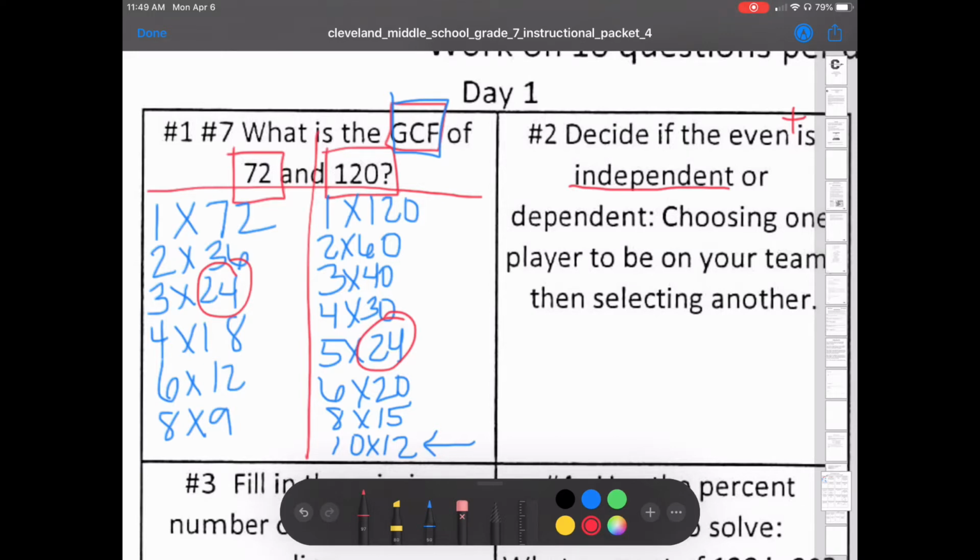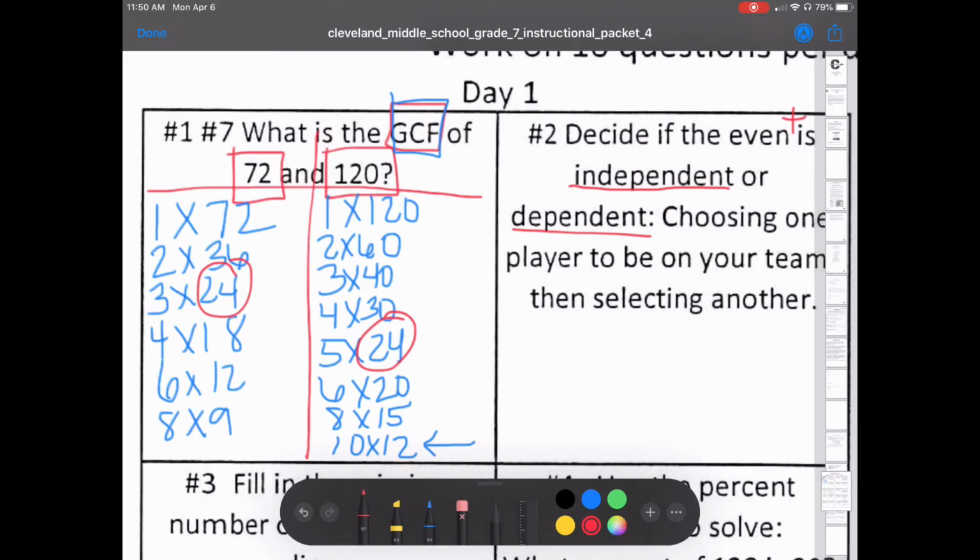The other option is dependent. So let's think about taking a card from a deck of cards. I don't know who has a deck of coins, but that's pretty cool. If I take a card from the stack and put that card to the side, and then I go and pick a second card, now it depends on which card I took out the first time.